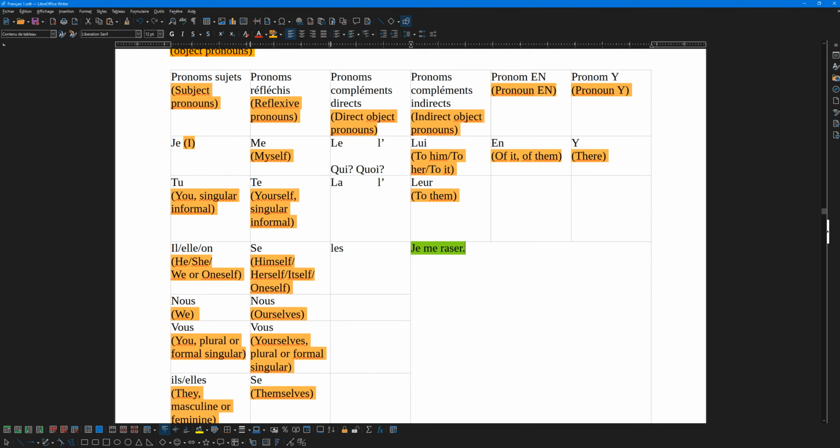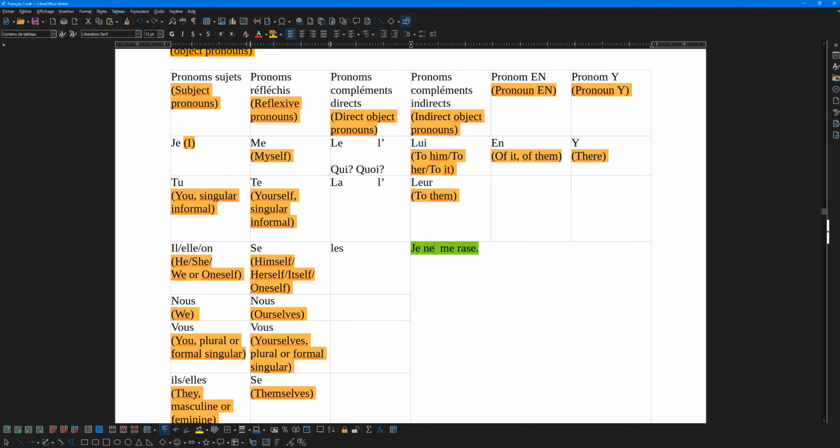Now let's say that I put the negative form. The negative form is the pronom sujet, and after that you have to put ne and pas around the verb that is conjugated. So the verb will be here at the center, usually.